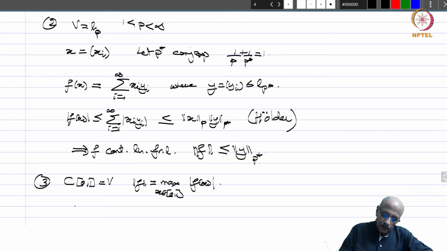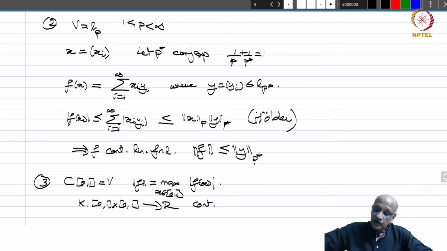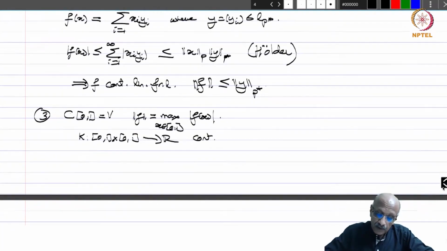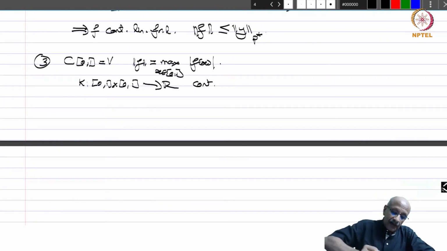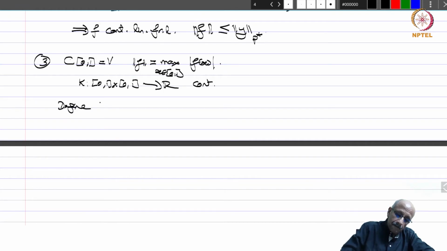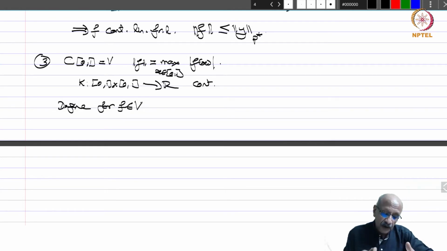Okay, so now let K from [0,1] cross [0,1] to R be continuous. So we take a continuous function in two variables. Then for f in V, f is a continuous function, I am going to define another function.